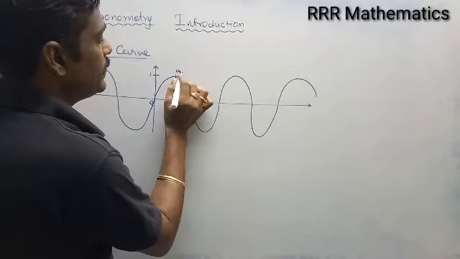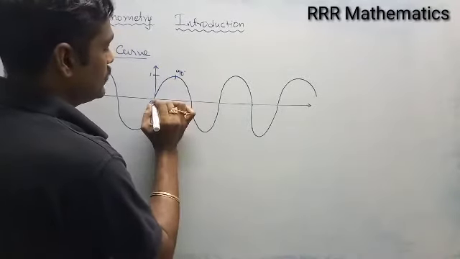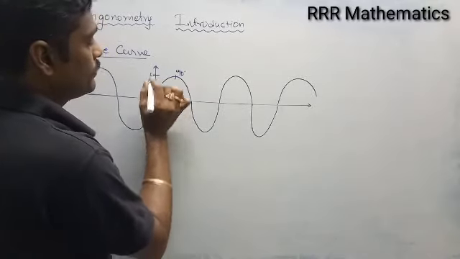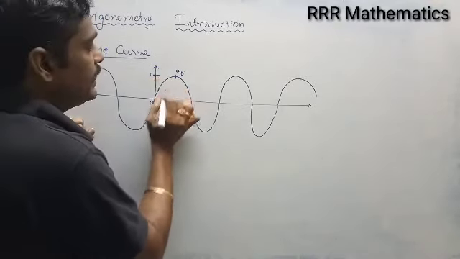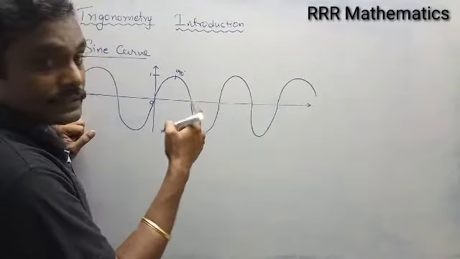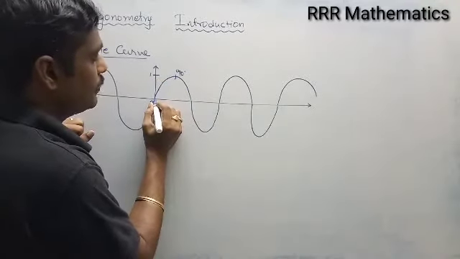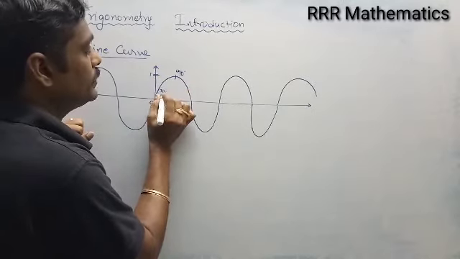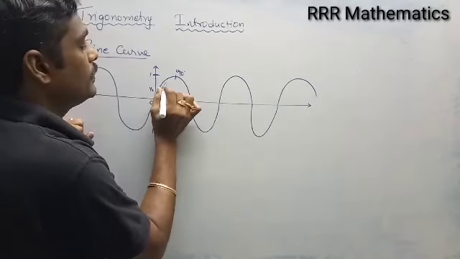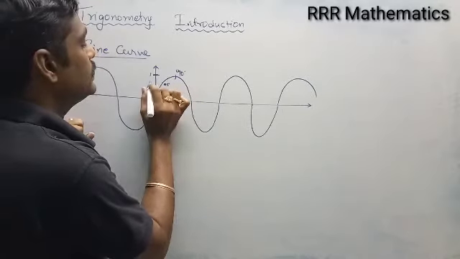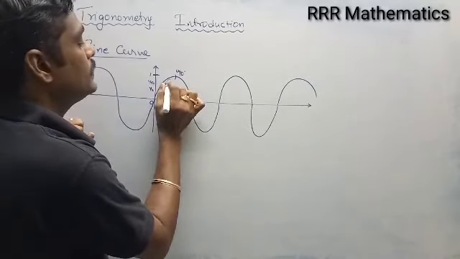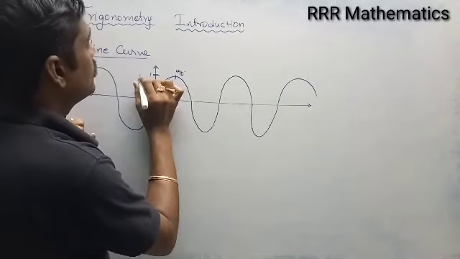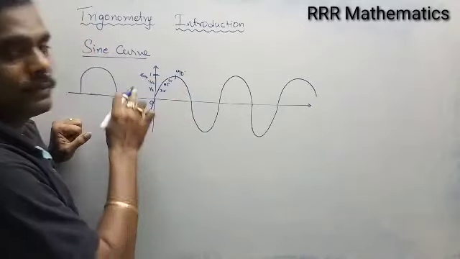This is 90 degree. 0, 30, 45, 60, 90. Sine 90 gives 1. Already we discussed sine 0 is 0, and this is 1. In between, this is 30 degree, which will be half. This is 45 degree, which gives 1 by root 2. This is 60 degree, which gives root 3 by 2.